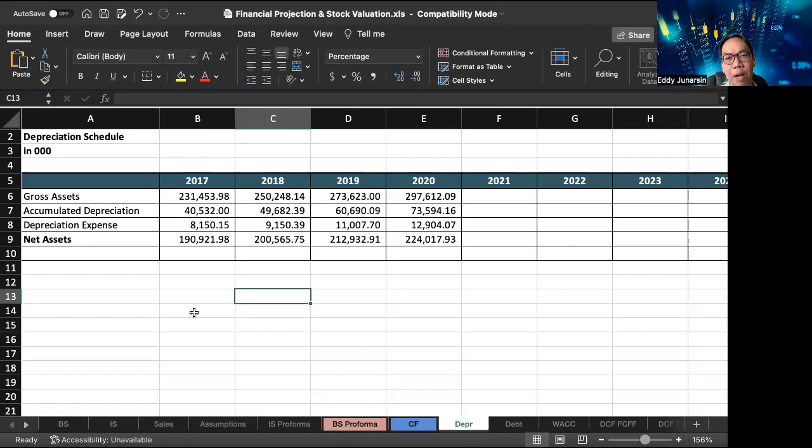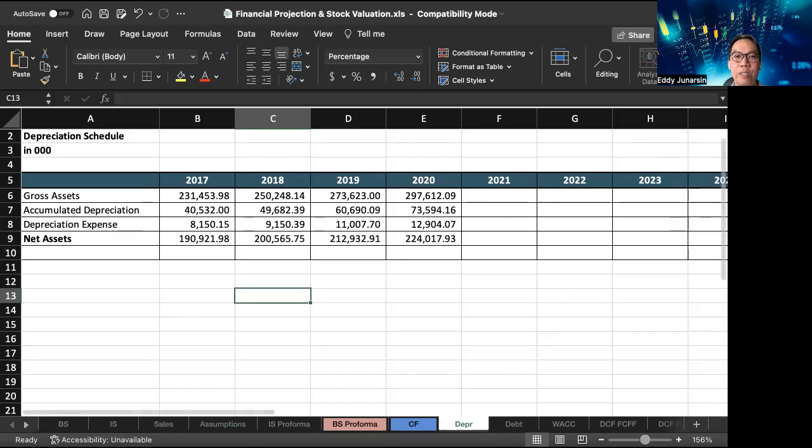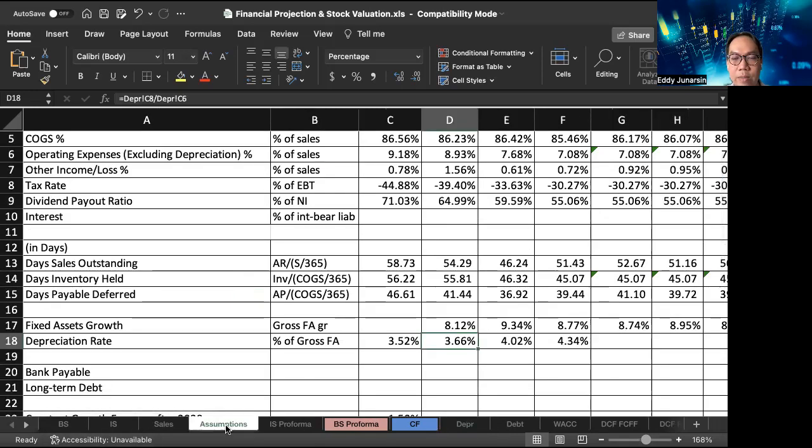We might have the upcoming new procurements of fixed assets. Then all the numbers will add up, will combine to constitute the depreciation expense. But we are not doing the detailed method, so we are using the percentage of gross fixed assets.